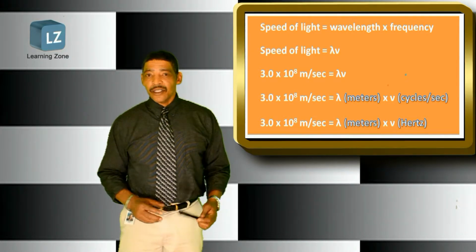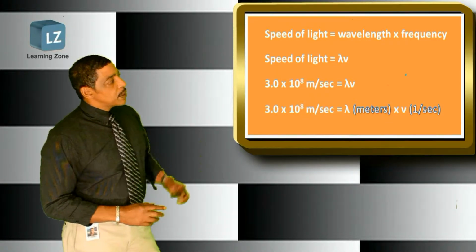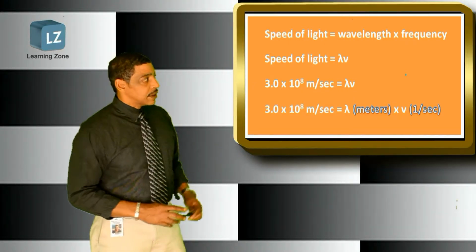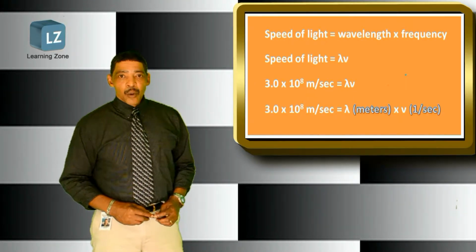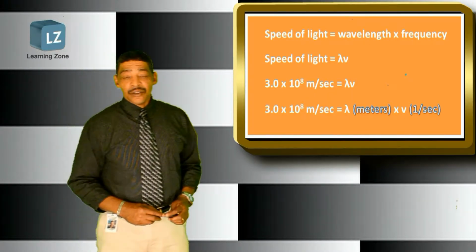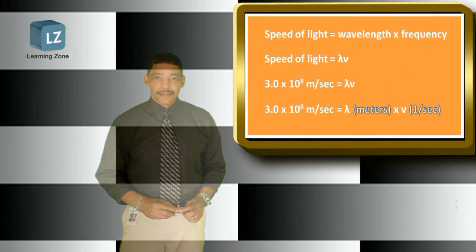Inserting this constant into the formula generates the following, where 3.0 times 10 to the 8th meters per second is equal to lambda times nu, where the units for lambda are meters and the units for nu are reciprocal seconds.